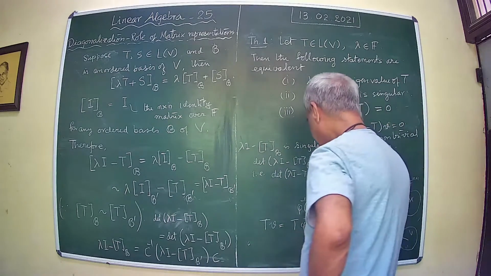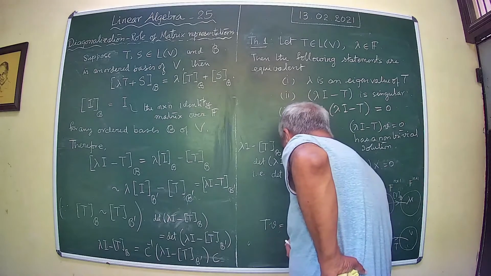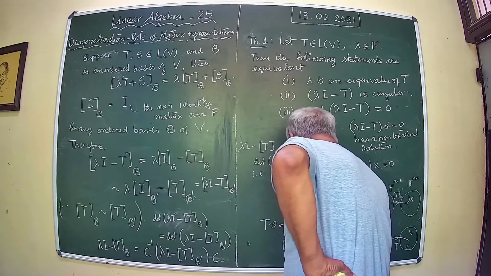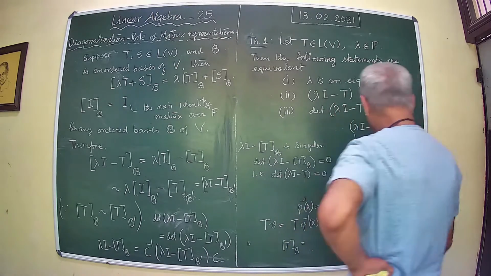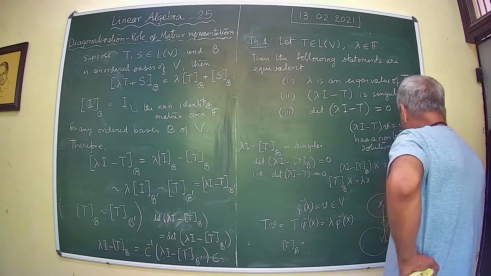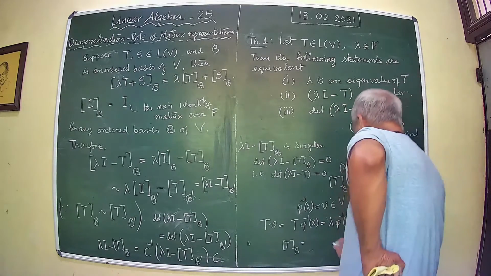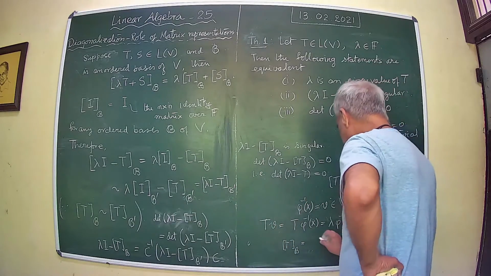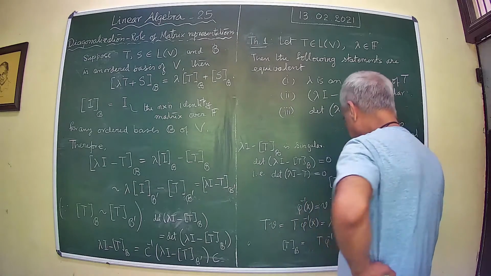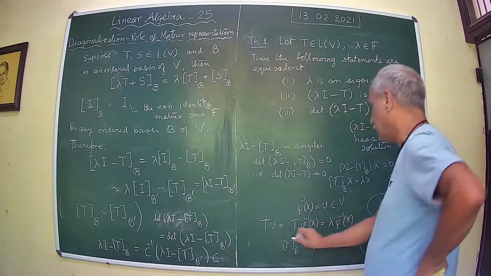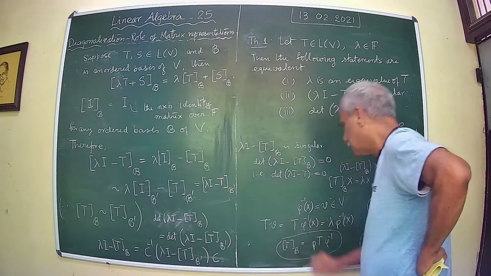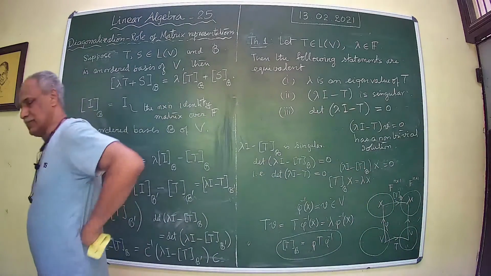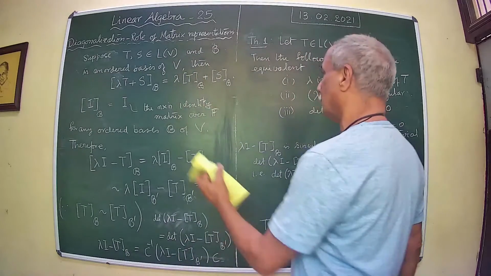What did you have? You had T_B is equal to phi inverse of... so we are using this. So this is one of the results that you can prove. The second result that we have proved in the process is the following.